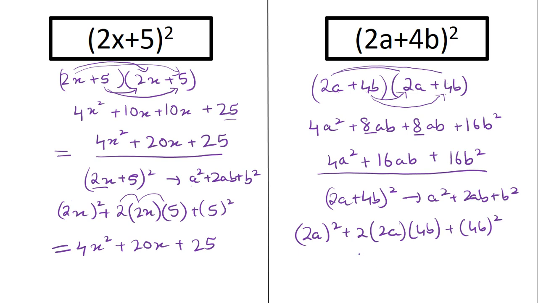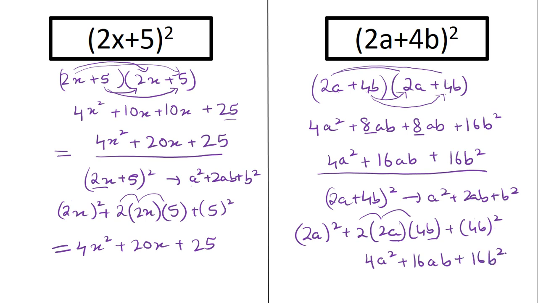So 2 times 2 is 4, and a times a is a squared, so 4a squared, and then 2 times 2, 4, 4 times 4, 16, 16 times a times b gives me plus 16ab plus 4 squared, 4 times 4, 16, b times b, b squared.